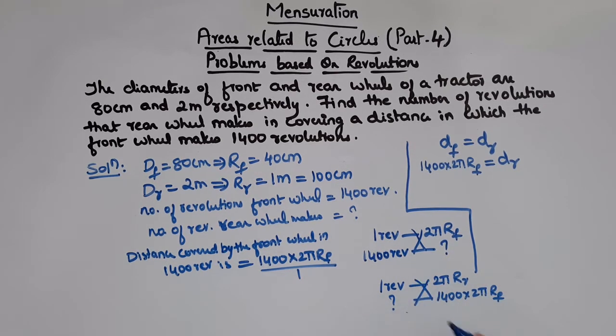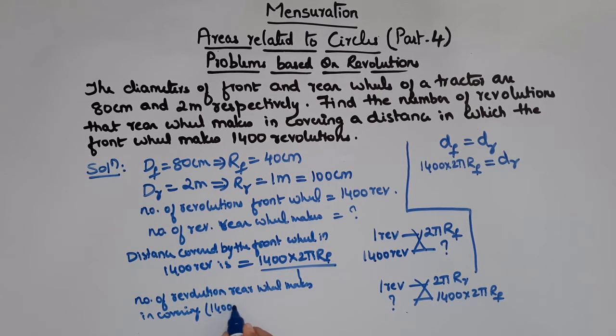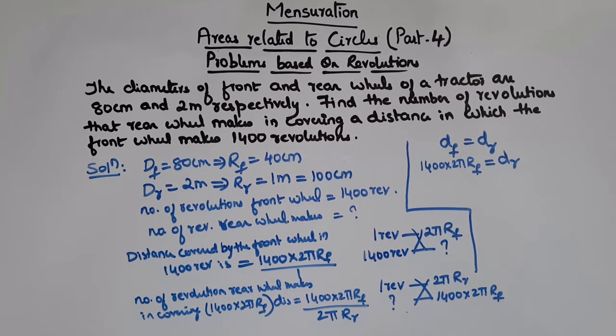So let me write here: number of revolutions the rear wheel makes in covering this distance, that is 1400 into 2 pi rf, is 1400 into 2 pi rf by 2 pi r.